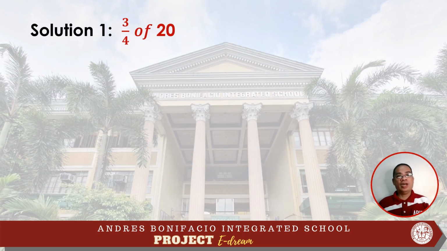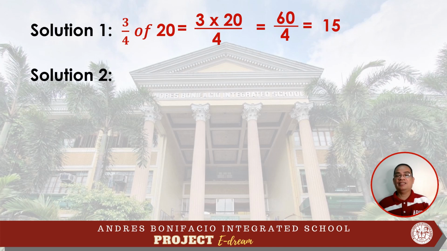For solution number 1, 3/4 of 20 is equal to 3 times 20 all over 4, which is 3 times 20 is 60 over 4. 60 divided by 4 is equal to 15.